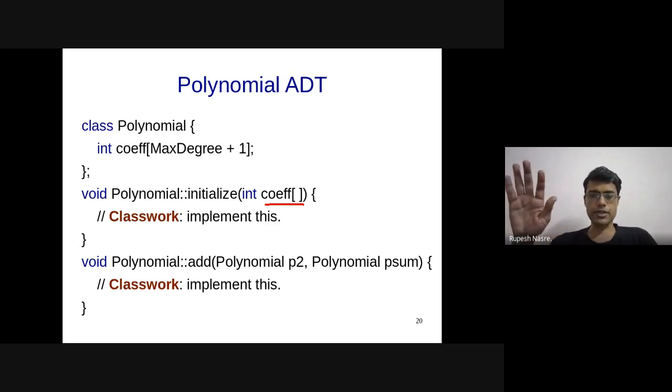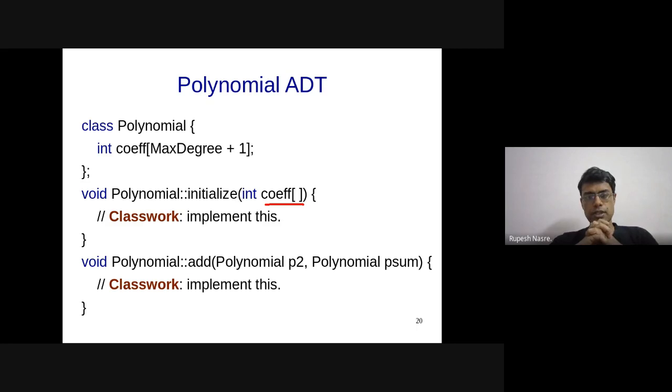This is not available inside C. So you can specify polynomial ampersand P2, polynomial ampersand Psum. And then whatever changes you make to P2 and Psum will be reflected in the variables in the caller. Otherwise, if you just pass those by value, the way I have shown, that is not going to get reflected.